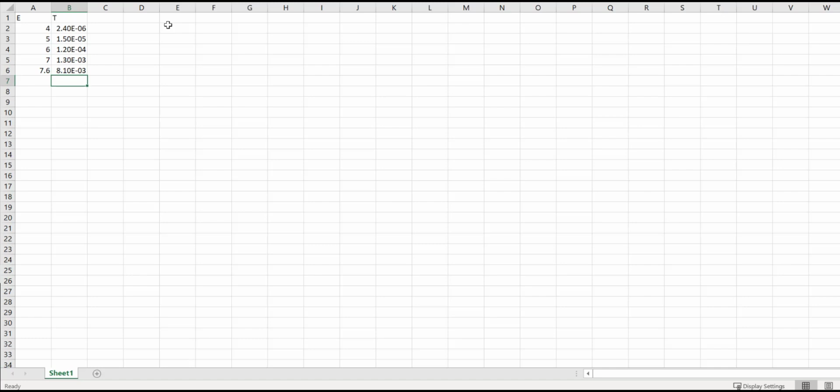Okay, so these are the numbers they gave us for the different values of T.